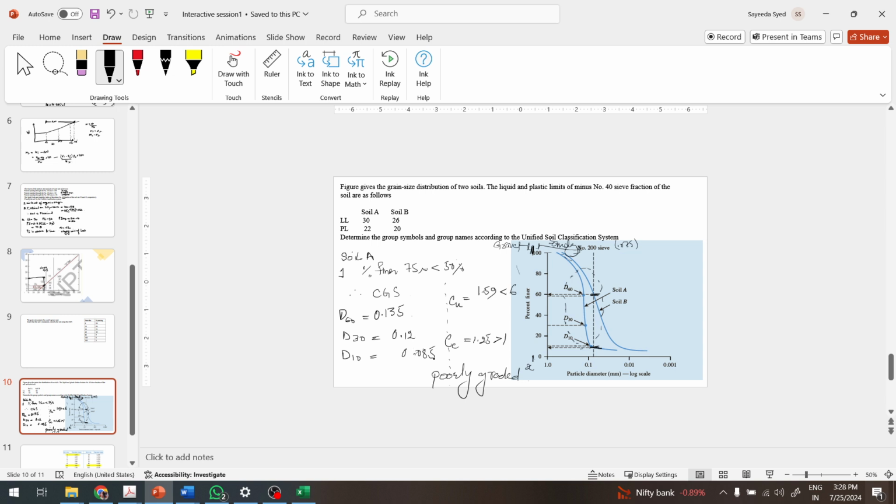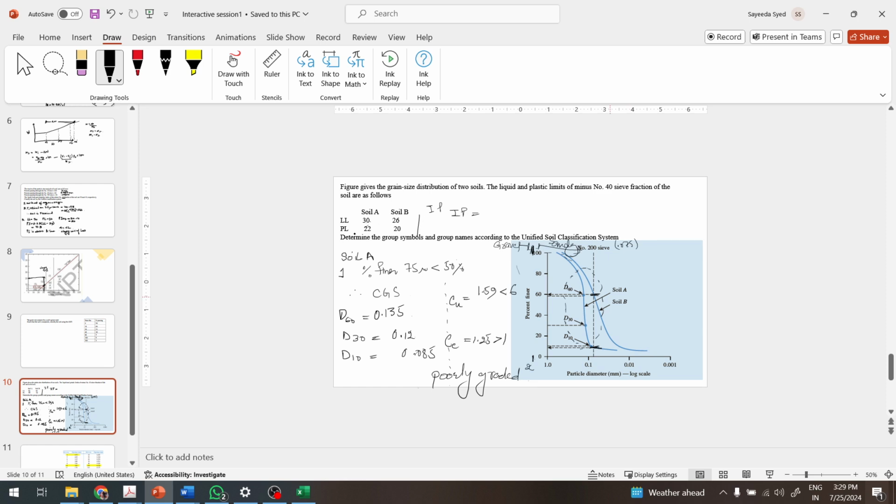Okay, so now we have been given the liquid limit and plastic limit. So let's calculate. The liquid limit is 30, plastic limit is 22, IP is 30 minus 22, which is 8. Let me write here.